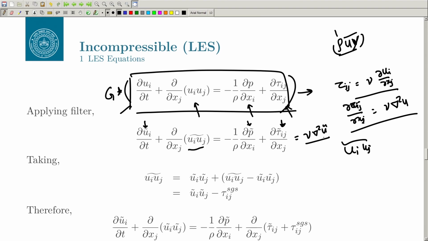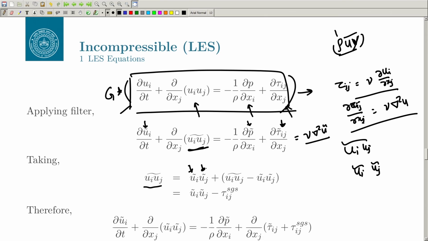Now, what we will do is rewrite this term, u i u j tilde. We are solving for u i tilde and u j tilde, so we will rewrite this expression in terms of u i tilde and u j tilde separately.